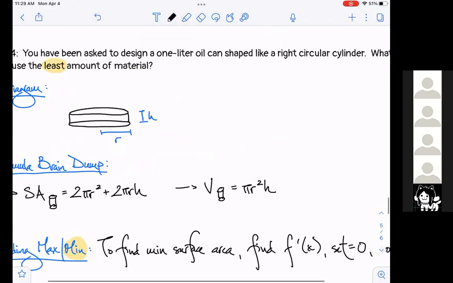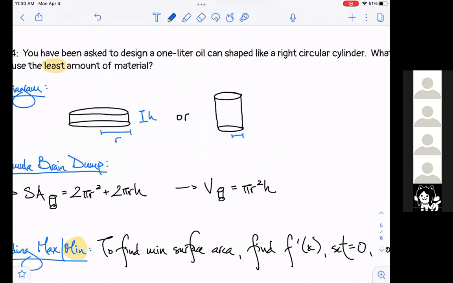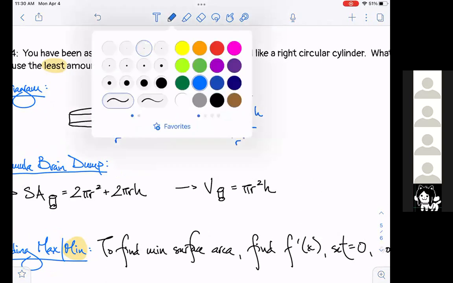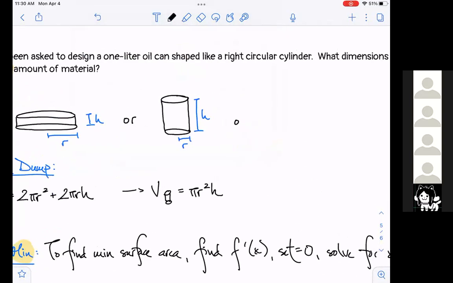Some people might be like, oh, I was thinking more of a regular soup can, right? So maybe something like this. And we have our radius, and we have our height, right? Or maybe someone was like, I think more like a straw, something very tall and thin.